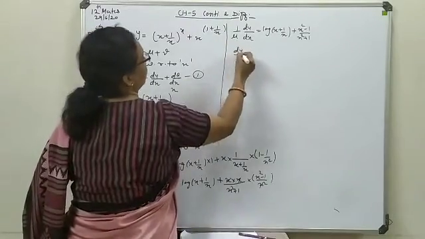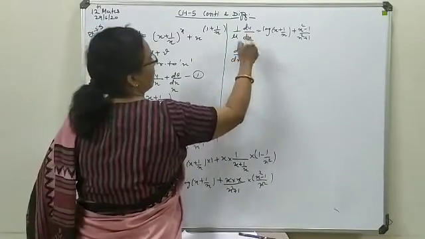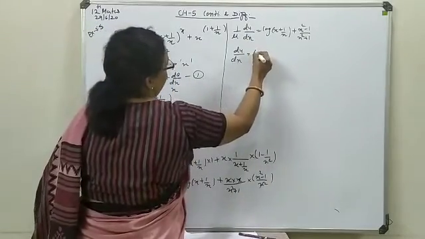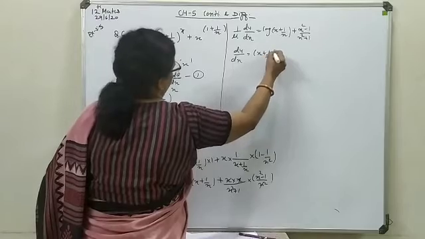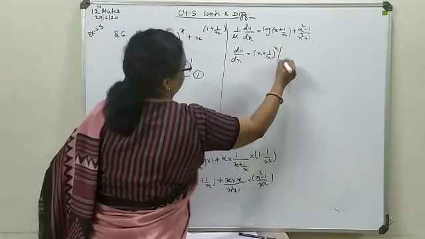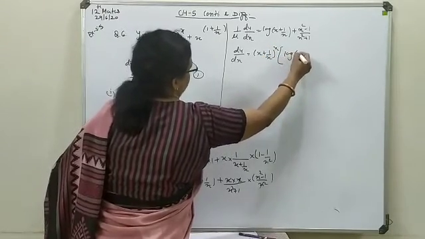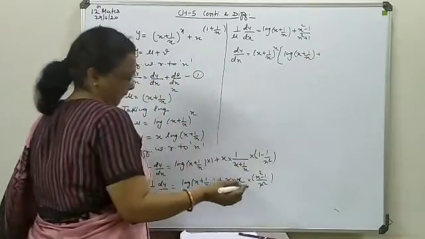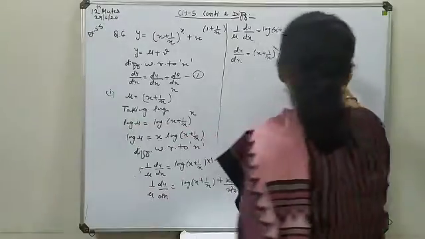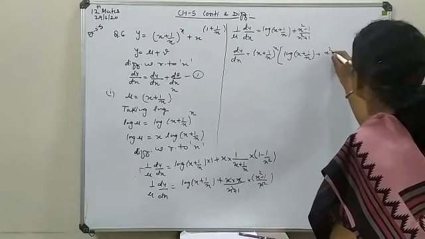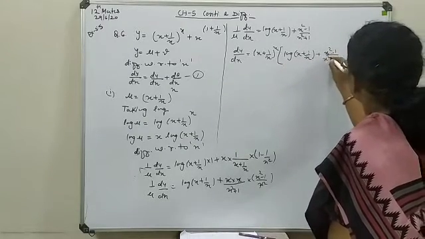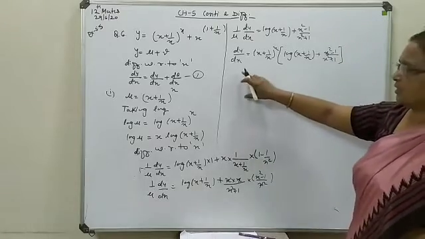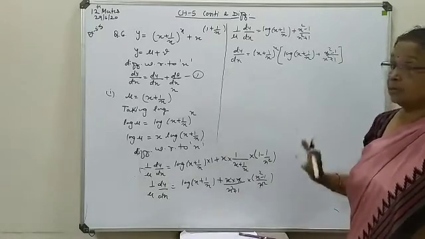So du by dx, you will multiply u, that means (x plus 1 upon x) with power x. The remaining terms you will write as such. So this is the differentiation with respect to your first term.